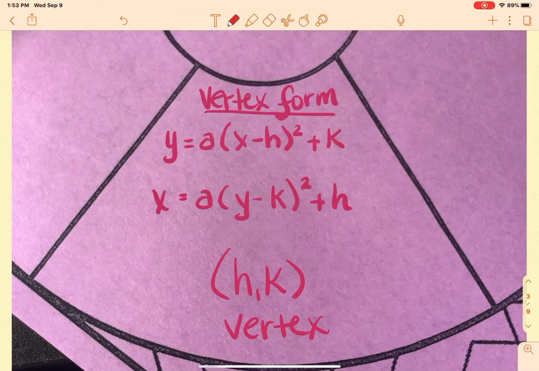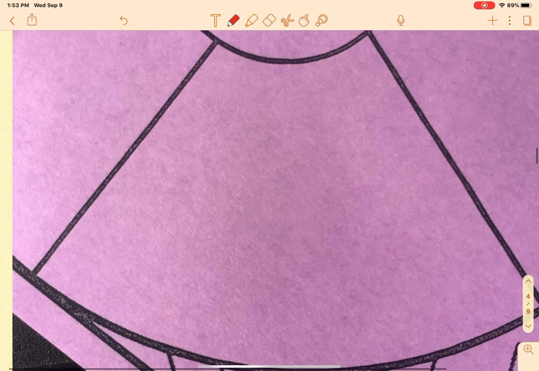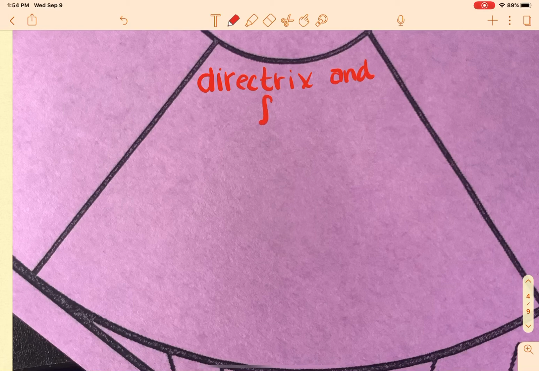Okay, we have one more piece of vocabulary that I want us to look at. And that is a special feature of our graph that is called the directrix and focus.